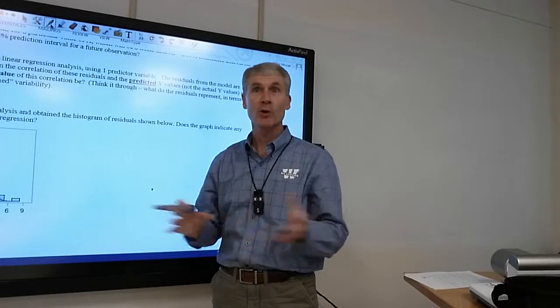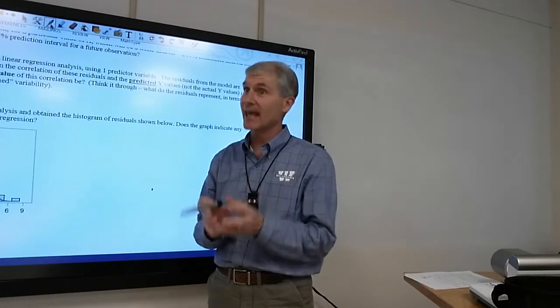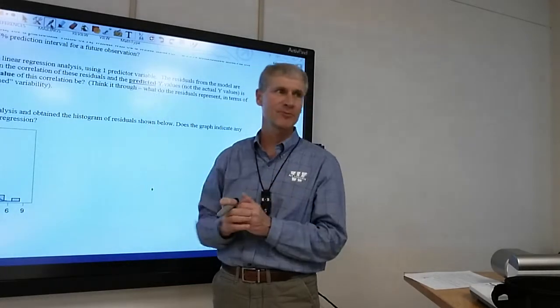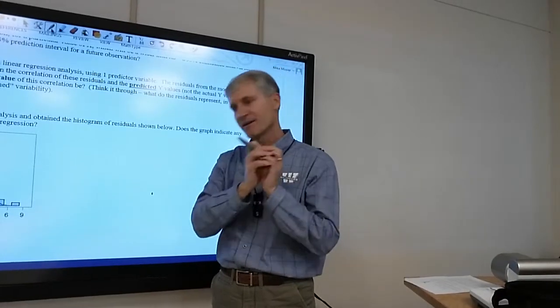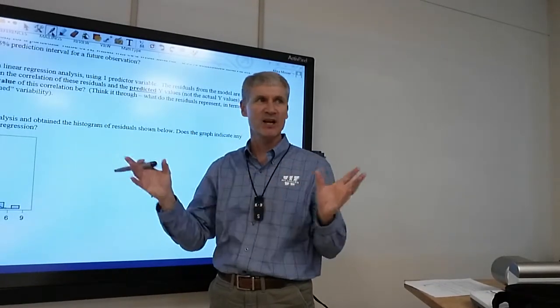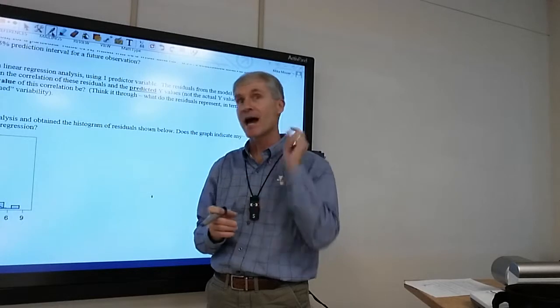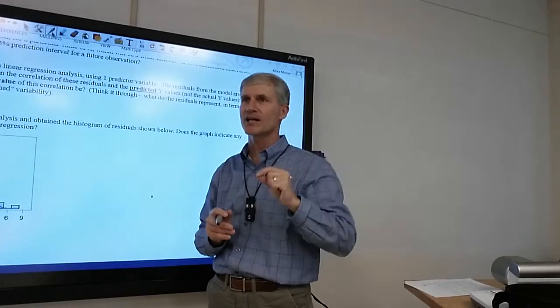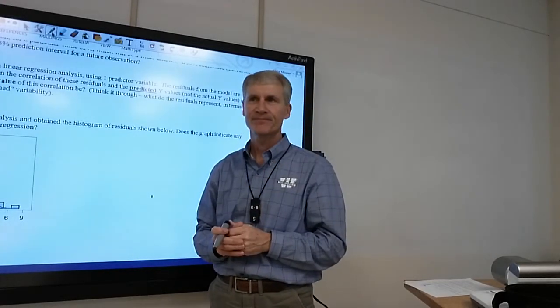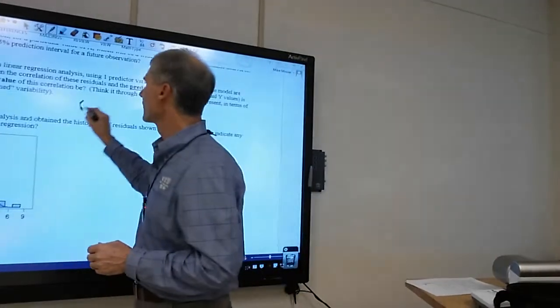0. There should be no correlation there, because anything that can be explained has been explained, and the residuals represent random noise, random error that we have no idea why this person was taller than what their shoe size would predict. Right? So this should be 0.